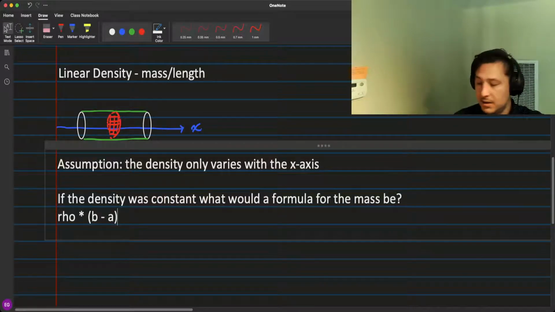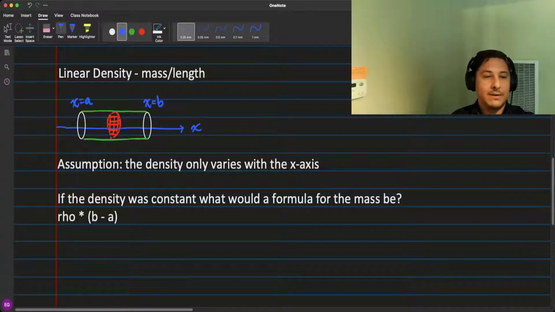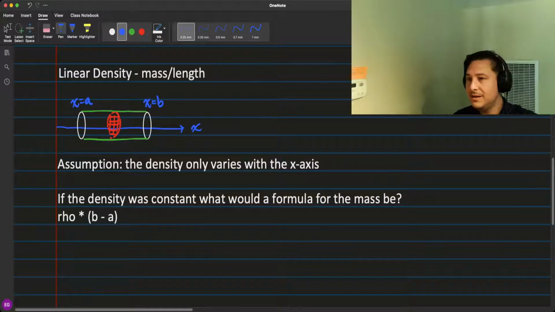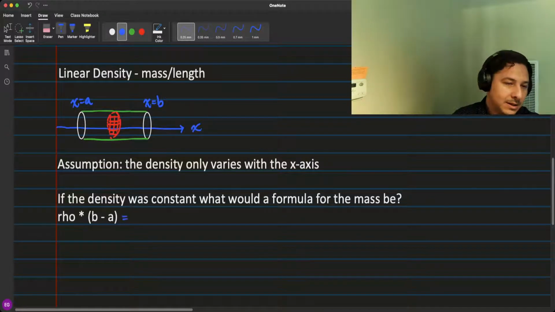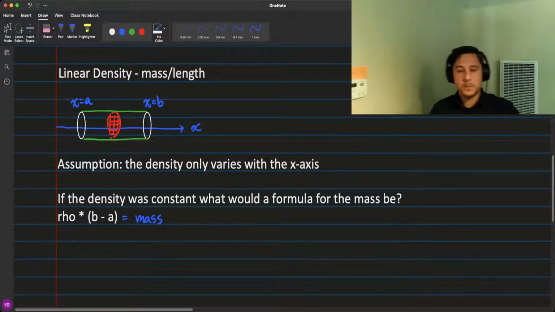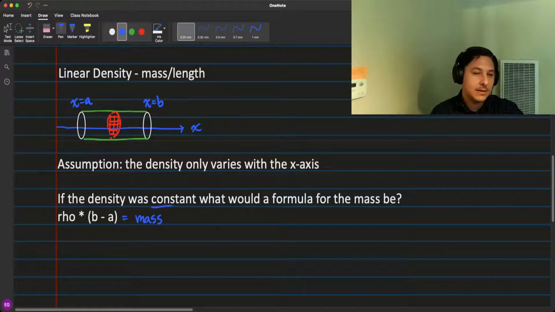So assuming that the rod starts at x equals a and ends at x equals b, does it make sense that the length of the rod is b minus a? So how would you find the mass? By multiplying the length by the density. But that's assuming that the density is constant.